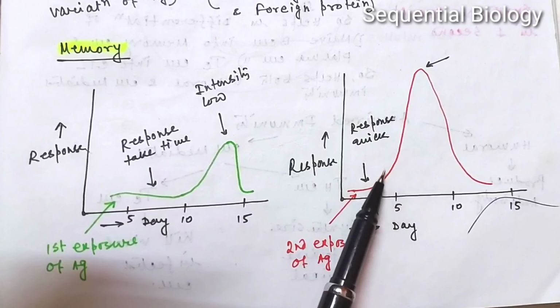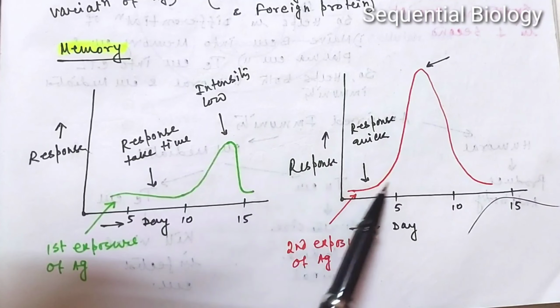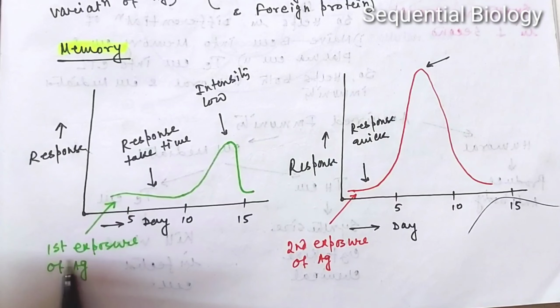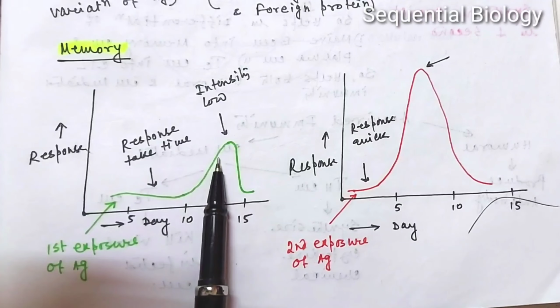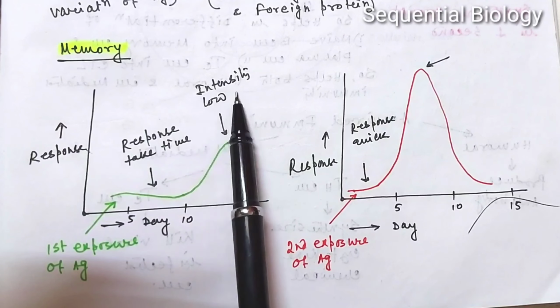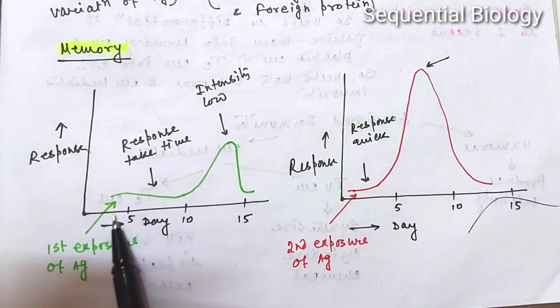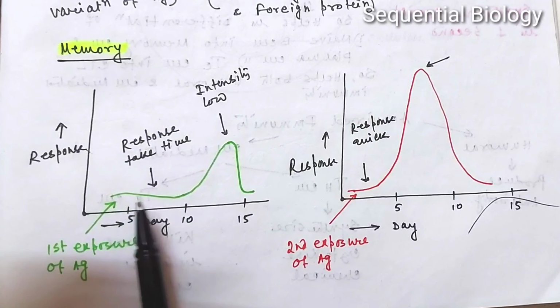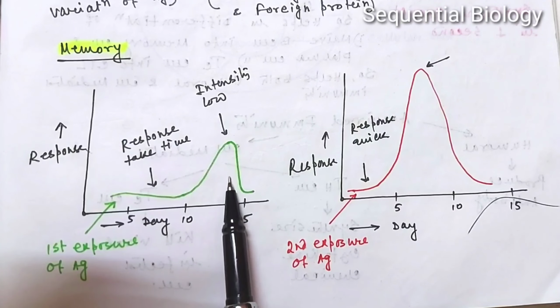Here you can see two graphs by which we can describe immunological memory very easily. Suppose an antigen enters our body for the first time. This is called the first exposure of that antigen, but it will take time for activation of B cells, and the intensity of the immunological response is low. Here you can see this is low. Whenever an antigen enters our body, the immunological response starts after 10 days on the basis of this graph.